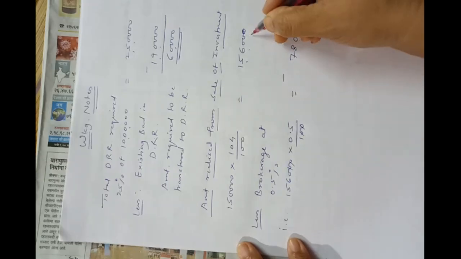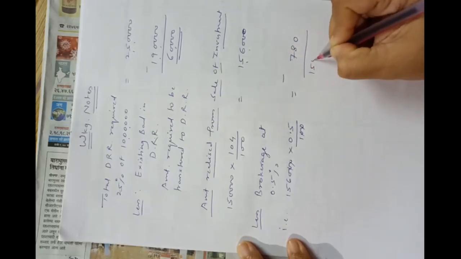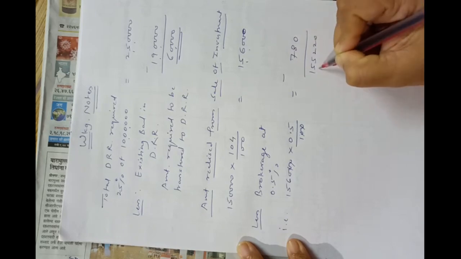Understood? Now we have to deduct 780 from 1,56,000. So the amount will be 1,55,220. So the amount we have got from the investment is 1,55,220, which is more than the investment made. Investment made is 1,50,000 and the company got 1,55,220.